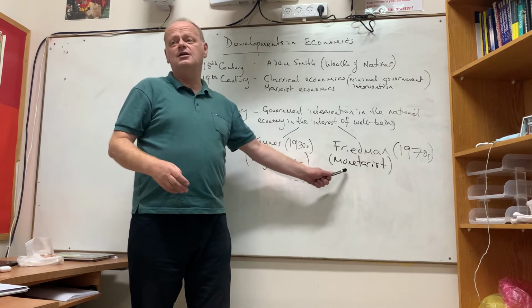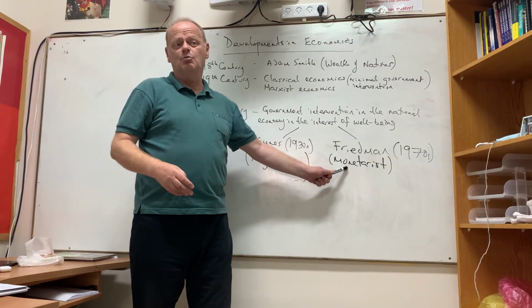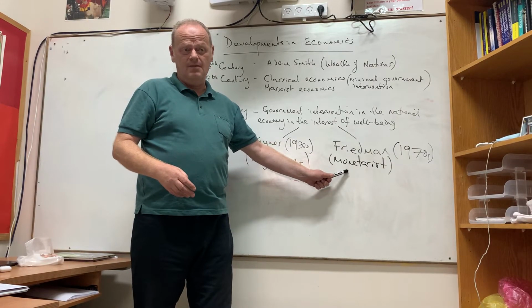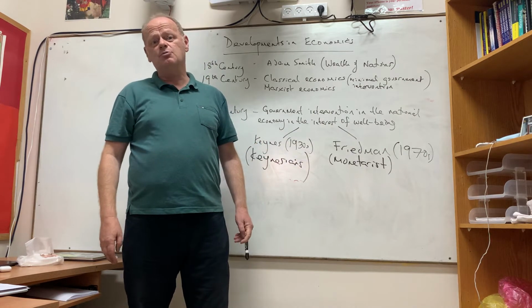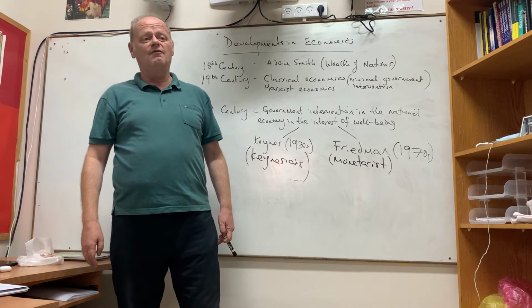This does not fully do justice to Milton Friedman, because it wasn't just interest rates. But this is a very, very important key, and this was behind the policies of various governments.